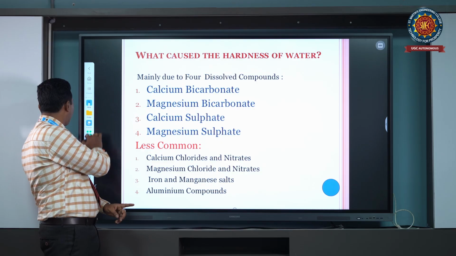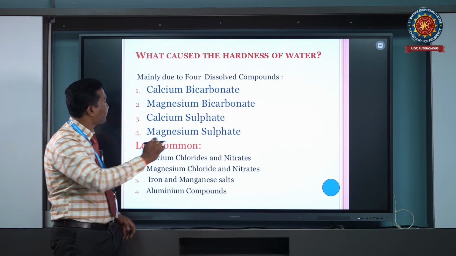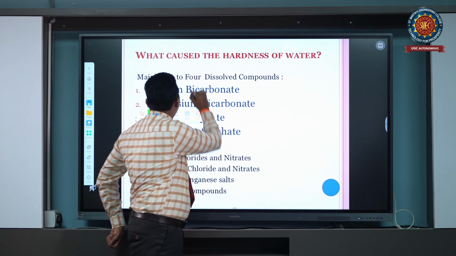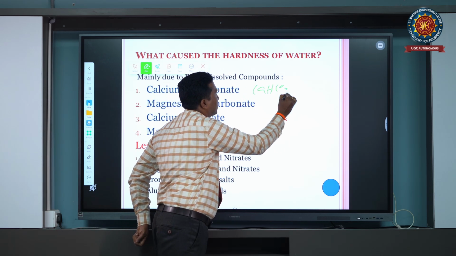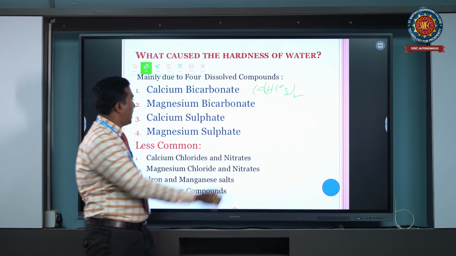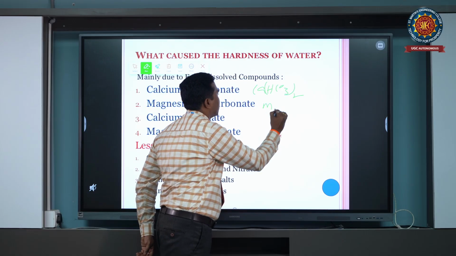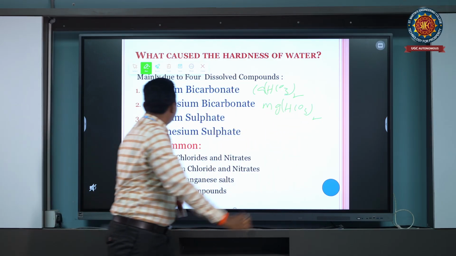So what are the chemical formulas? The chemical formula for calcium bicarbonate is Ca(HCO3)2, and for magnesium bicarbonate Mg(HCO3)2.